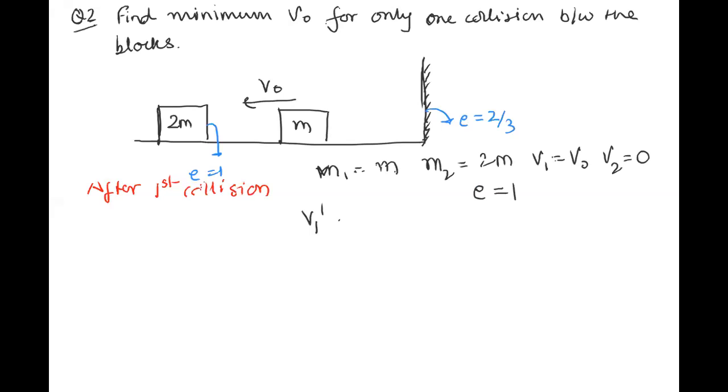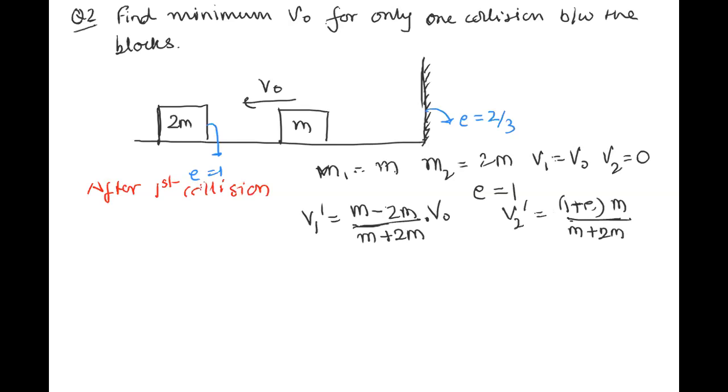So v1 prime will be (m1 minus e m2) upon (m1 plus m2) into v0. v2 prime will be (1 plus e) m1 upon (m1 plus m2) into v0.